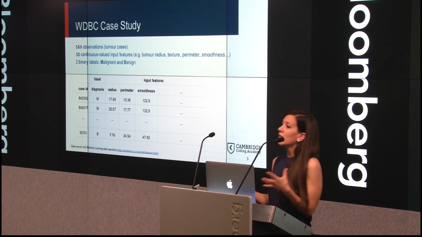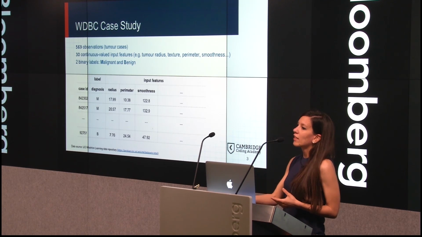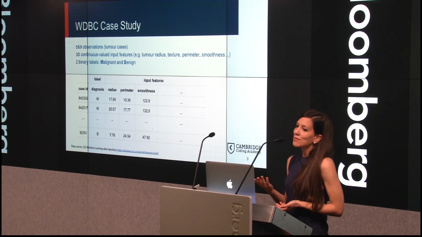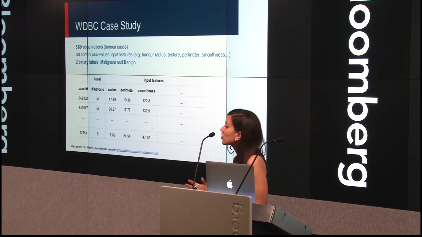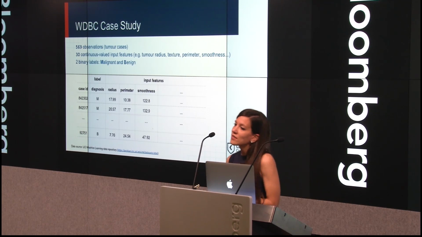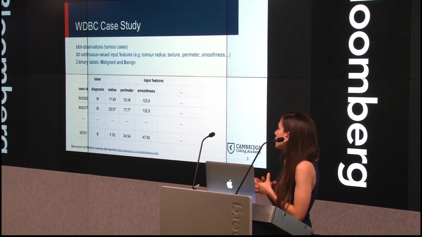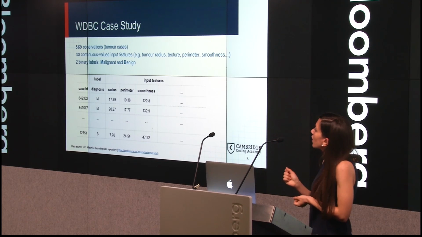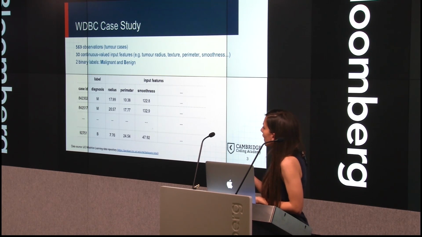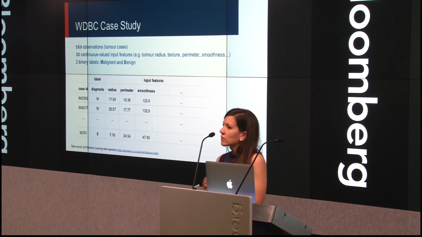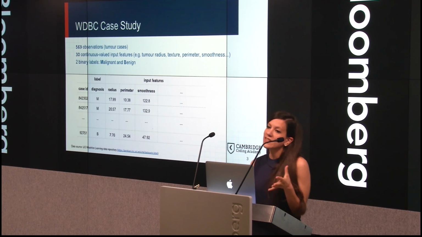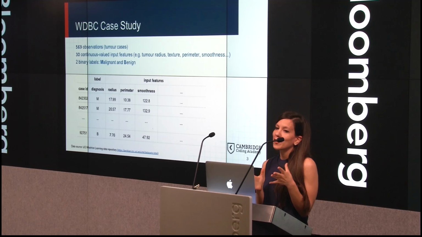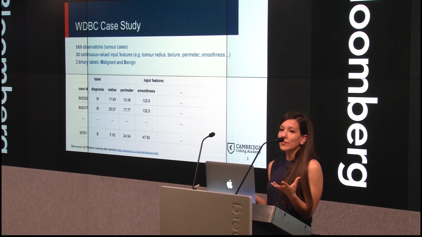So 569 patients have provided samples, and it contains 30 measurements in this case of features such as the radius and the perimeter of a particular sample. Specialized people have categorized these samples into 2 distinct categories, which are benign and malignant samples.